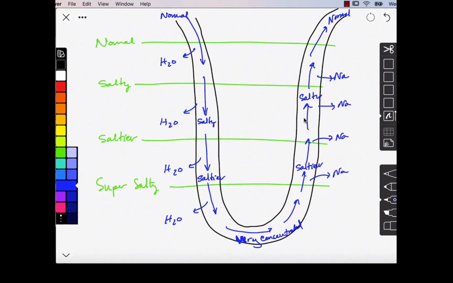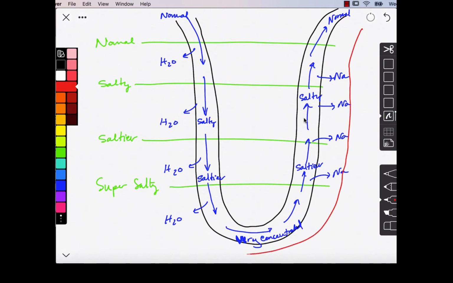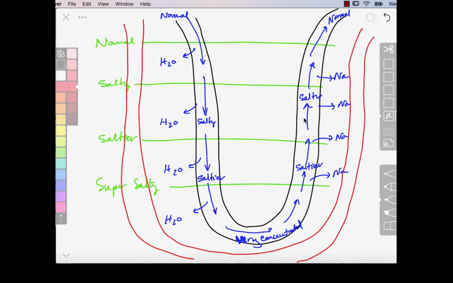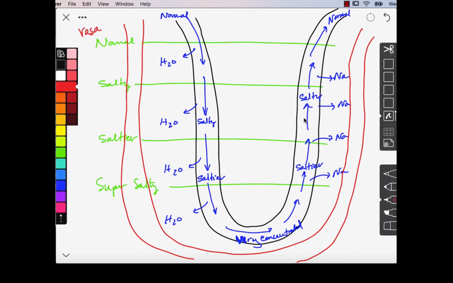But then we've got this problem, and the problem is what happens to these molecules of water and salt that are hanging out outside of this loop, and why aren't they messing up the concentration gradient? And that's where a vessel that runs around this, called the vasa recta, comes into play.